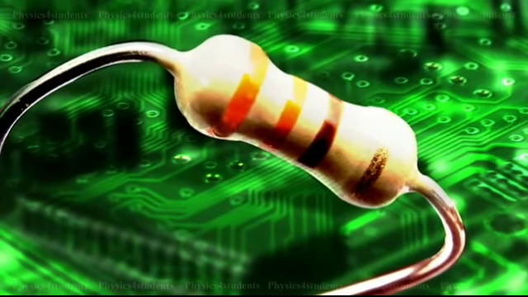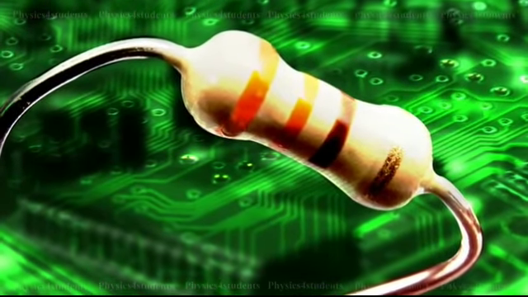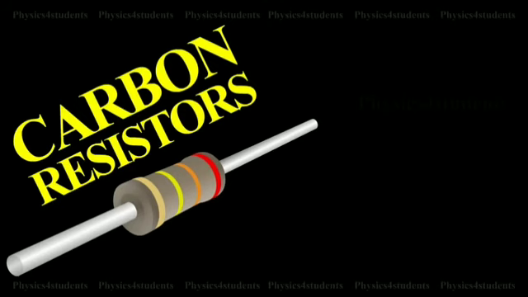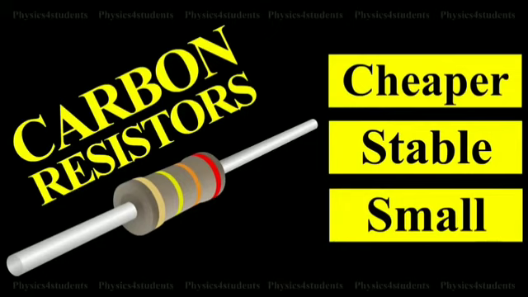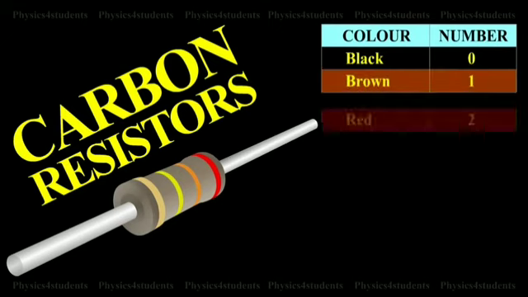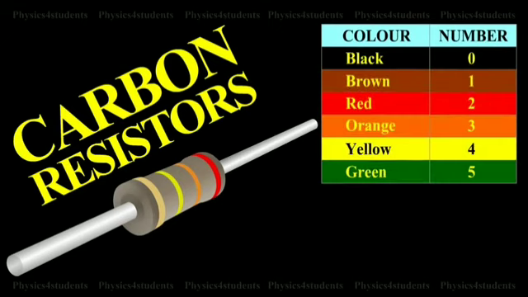These resistors are inexpensive, stable and compact in size. Color bands are used to indicate the value of resistance. The carbon resistor is cheaper, stable, small. Next, some colors are given here.